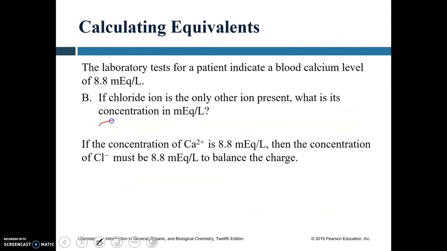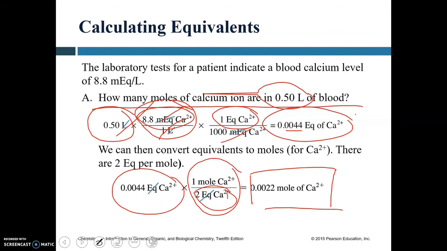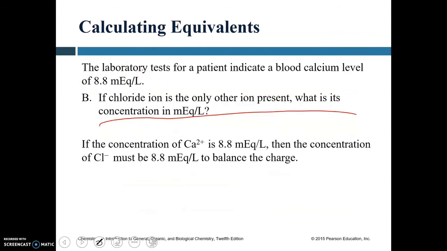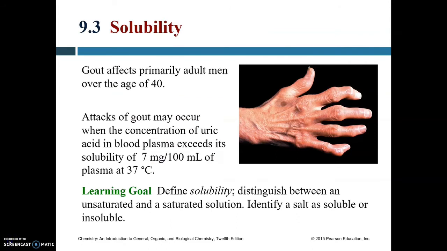Now, what if chloride ion is the only ion that is present? What should be its concentration in milliequivalents per liter? Since the concentration of calcium is 8.8 milliequivalents per liter, then we need the same amount of negatively charged chloride ion to balance calcium, so it will be 8.8 milliequivalents per liter as well.